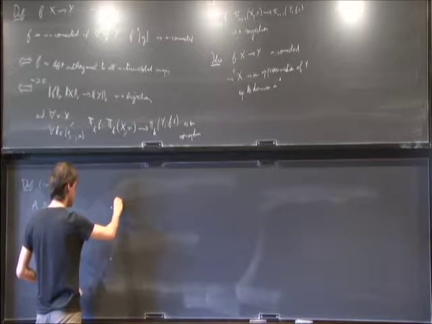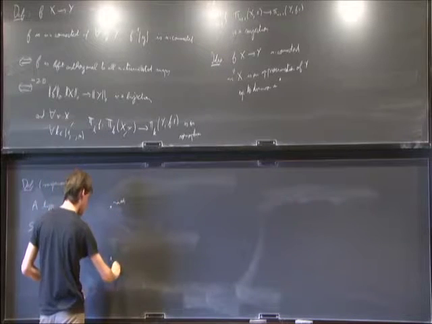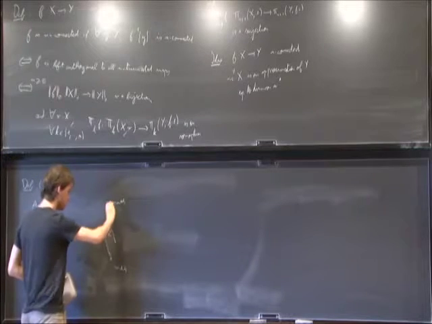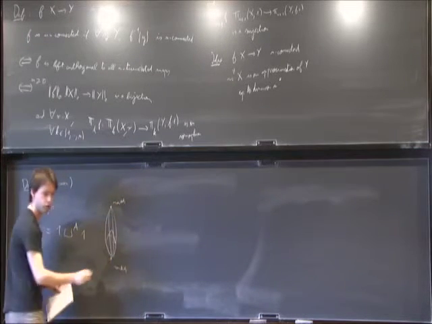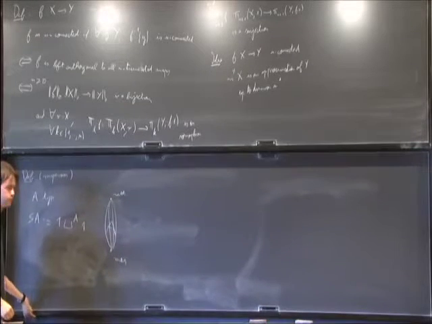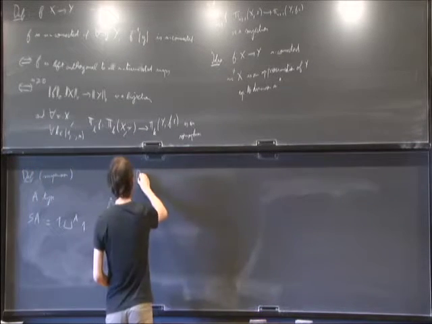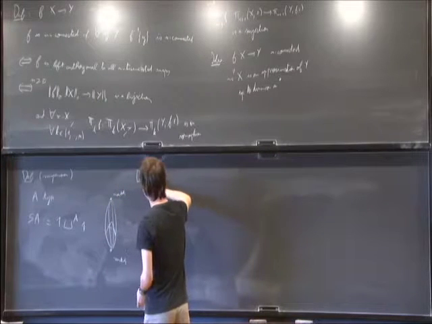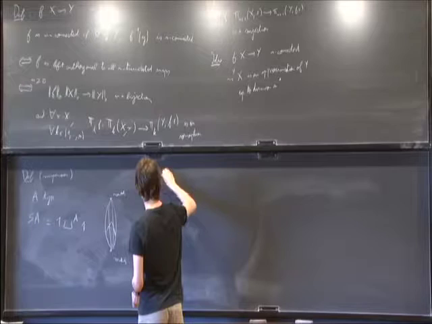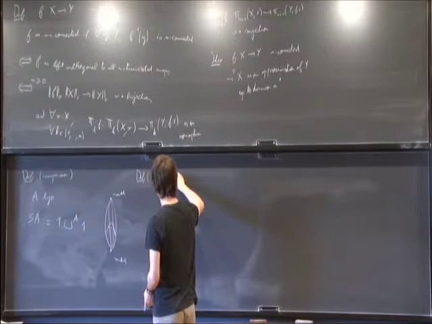You have the north pole, the south pole, and then for every point in A, you have a path from the north pole to the south pole.